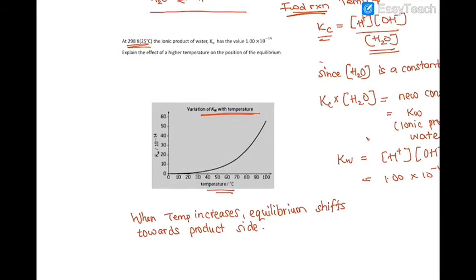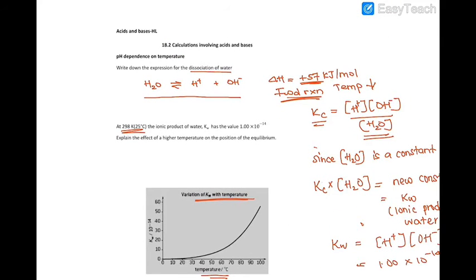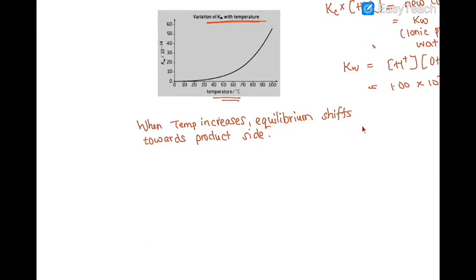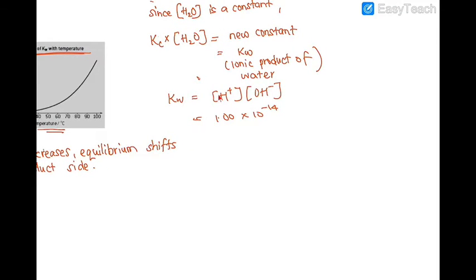Now, if it shifts toward product side, this is going to mean that we're going to have more products, more H plus and more OH minus. So if the concentration of H plus and OH minus increases, it means that the Kw value is going to increase.